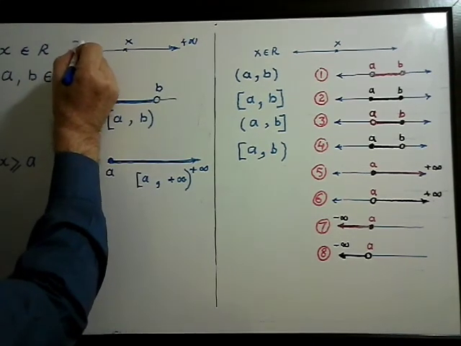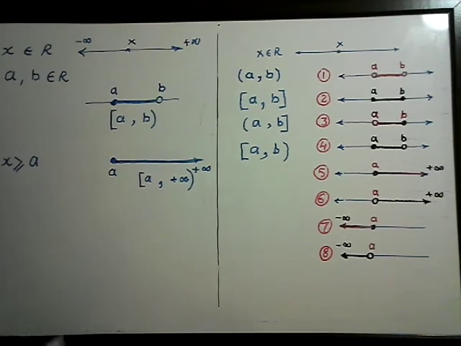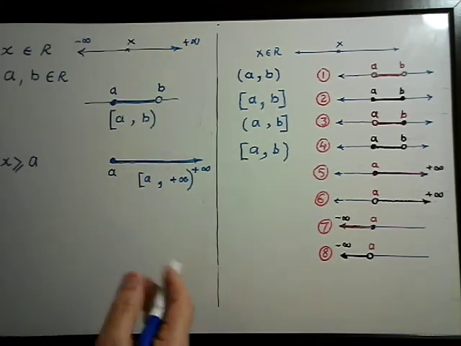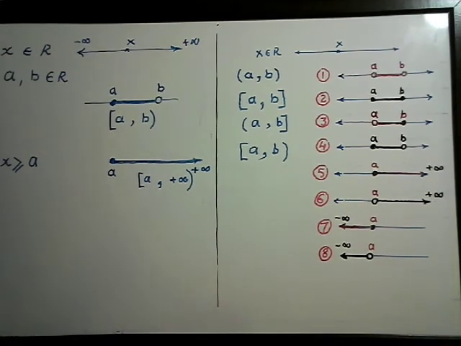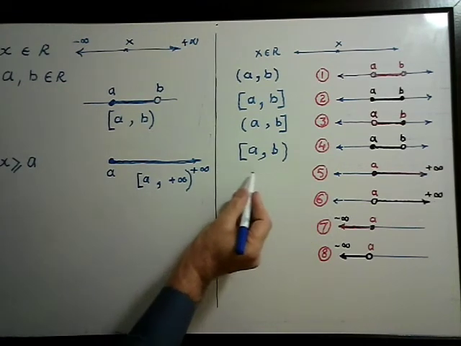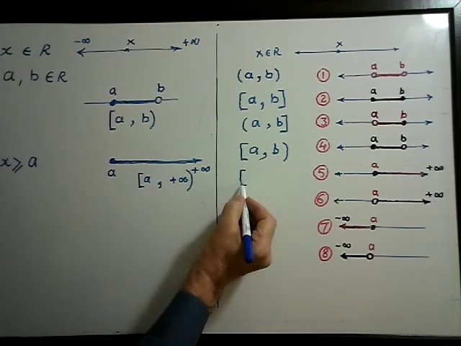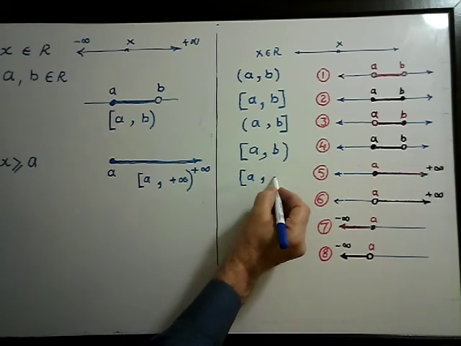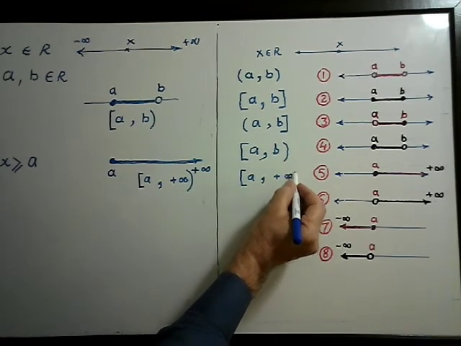Also negative infinity. Those are not numbers. Those are just symbols for extension. So this is explained here in number 5, which is written as closed at a, and positive infinity, it's open.